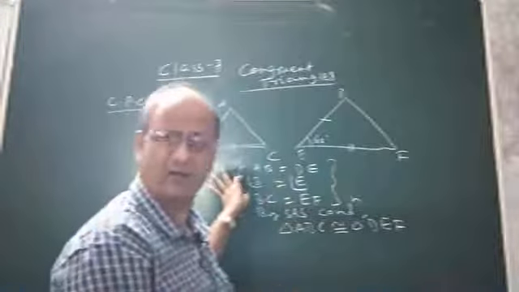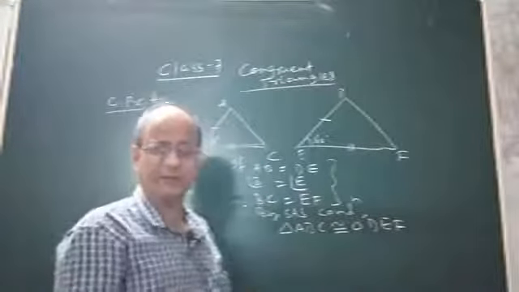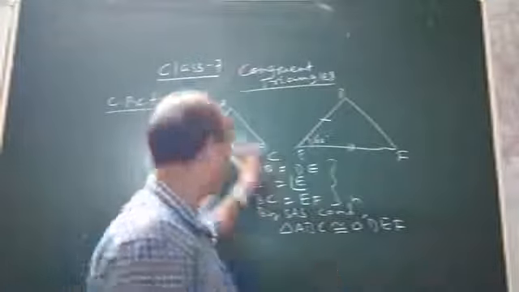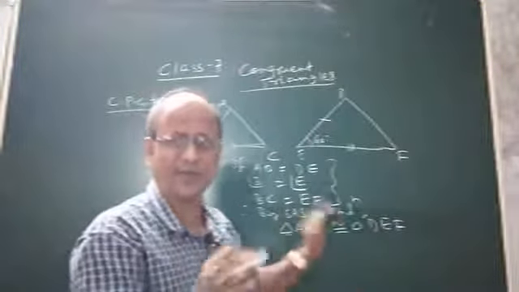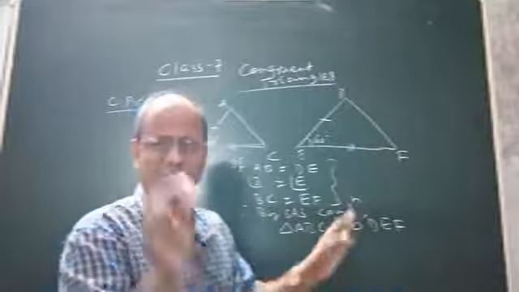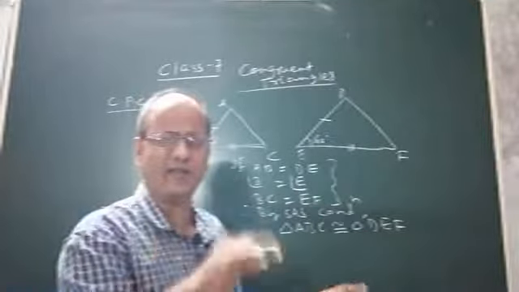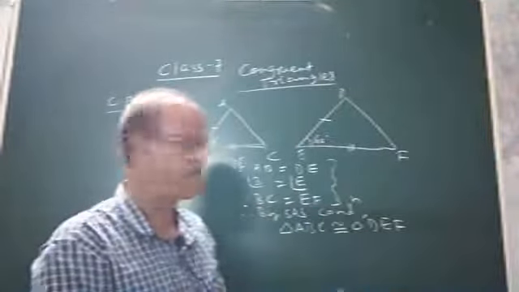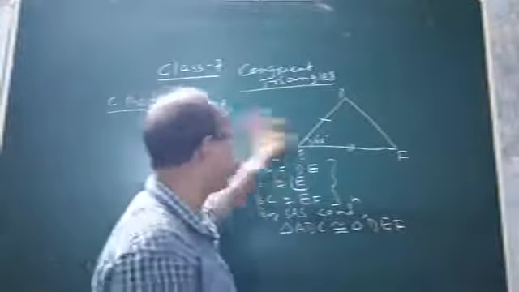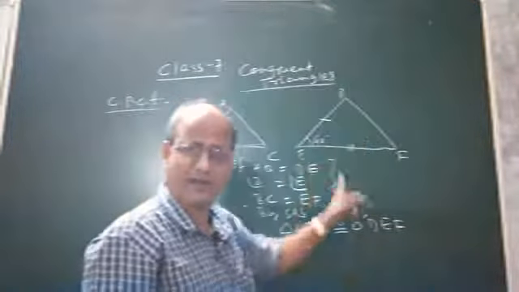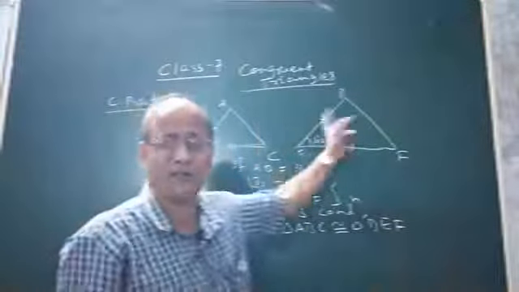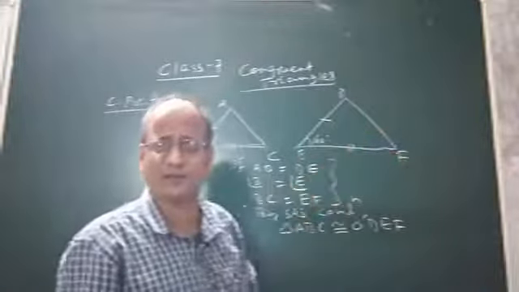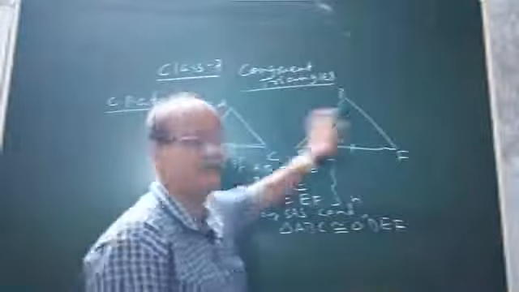Now what is the point? Suppose these two triangles became congruent by the side angle side condition or any other condition, say SSS, RHS or ASA, whatever the condition may be. When this triangle and this triangle are congruent by any condition, say the SAS condition, what will happen to the other pairs of corresponding sides and corresponding angles which are left in the two triangles?